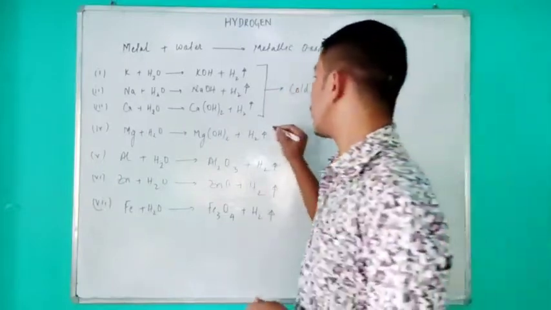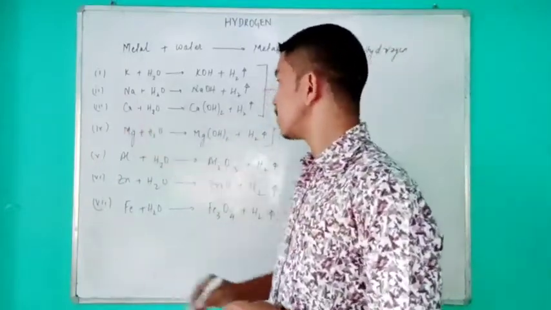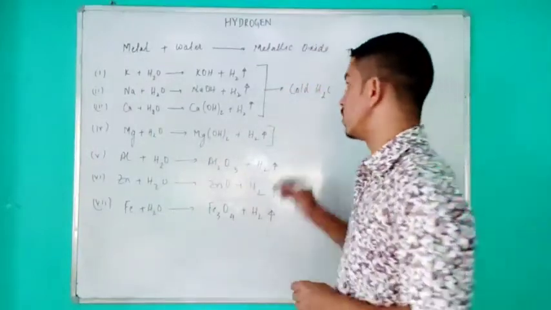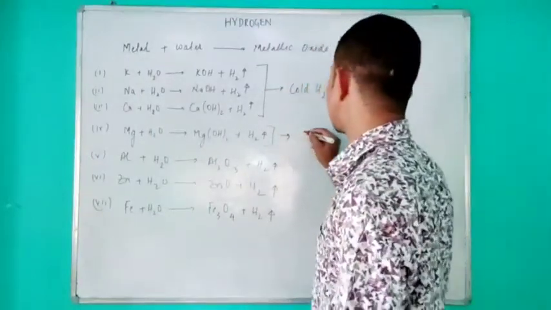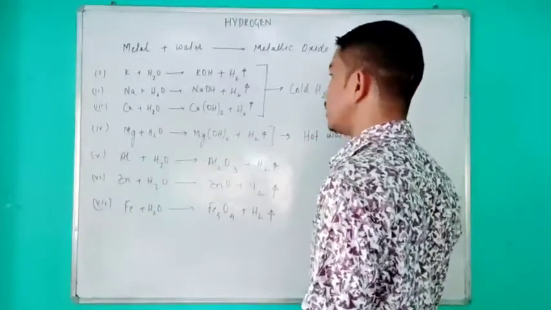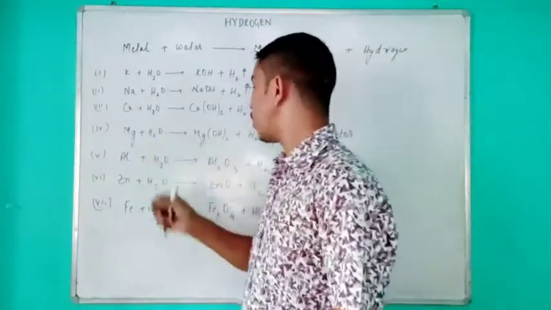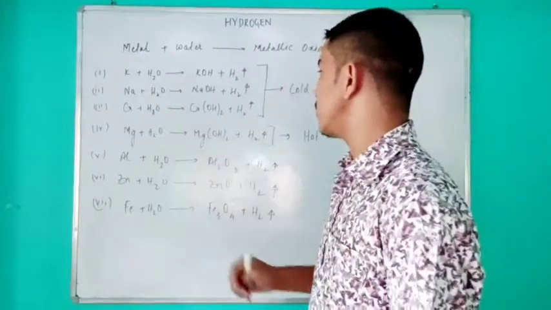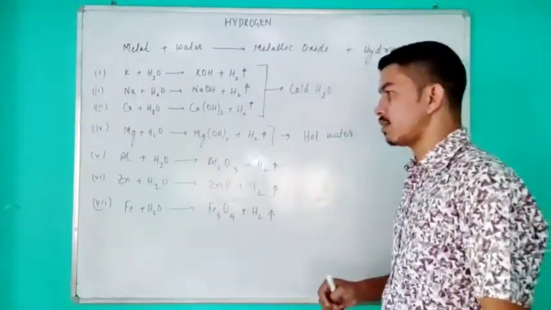Now coming to the fourth one, magnesium is quite less reactive than the first three elements. So magnesium reacts with hot water. Okay, so when magnesium is treated with hot or boiling water, it gives me magnesium hydroxide and hydrogen gas.